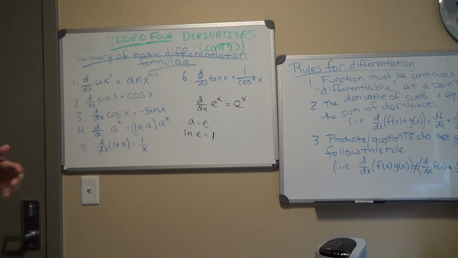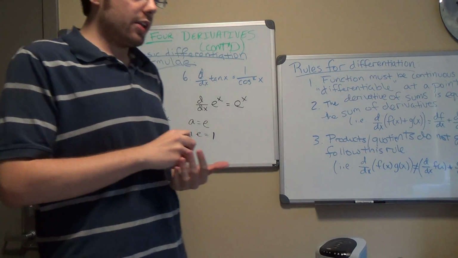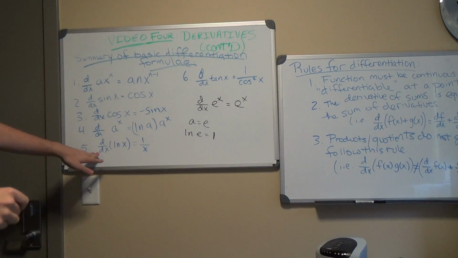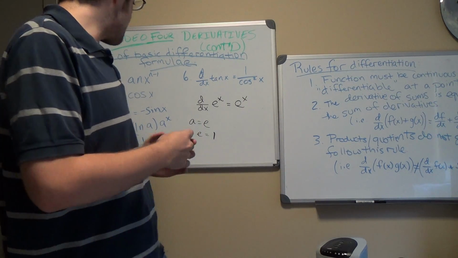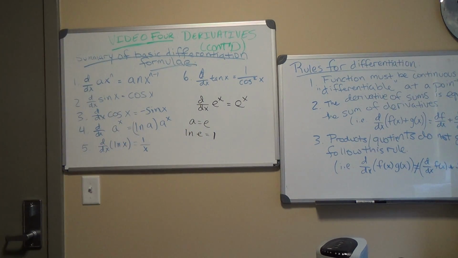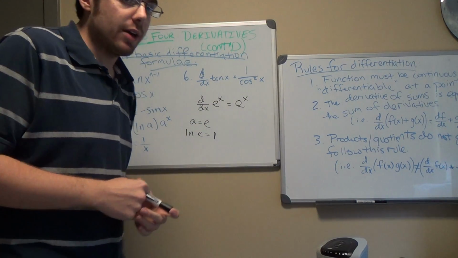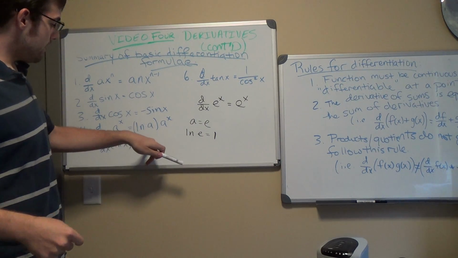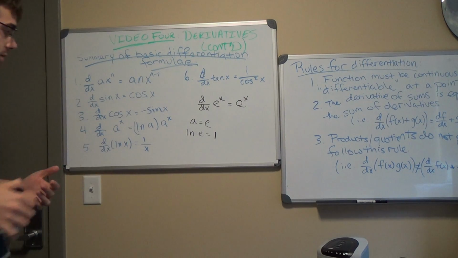And then the fifth, another thing that you can prove using the instantaneous rate of change is the derivative of the natural log of x with respect to x, which is just 1 over x. And this becomes important, especially when we get into integration, because you'll understand when we get to integration.